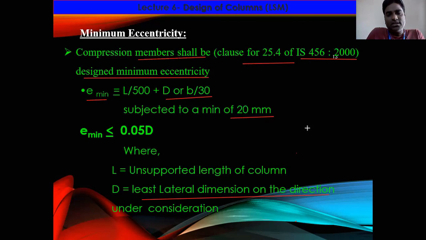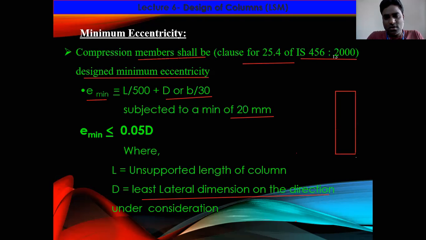While discussing in the last class, there is the classification of columns. One classification is based upon the eccentricity. That means axially loaded column and eccentrically loaded column. Right? Axially loaded column means the load is exactly passing along the centroidal axis of the column.